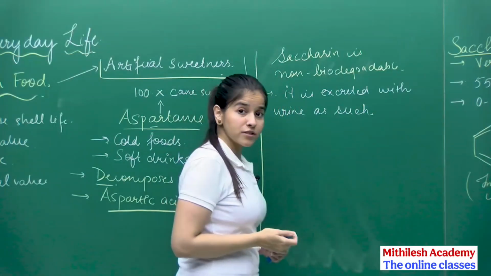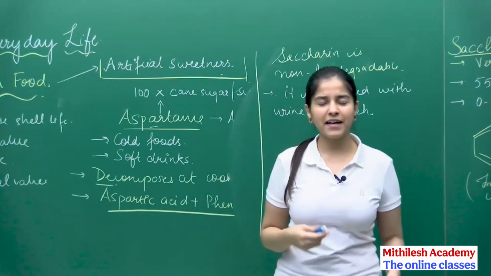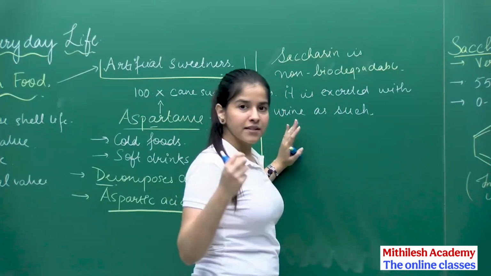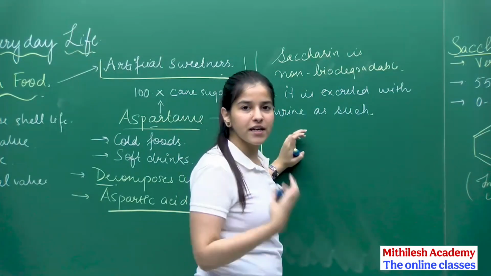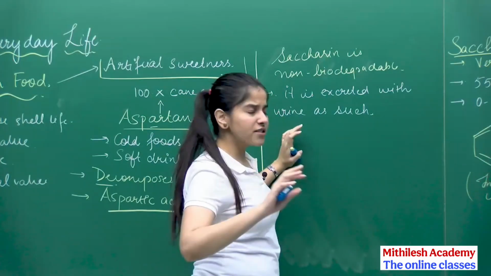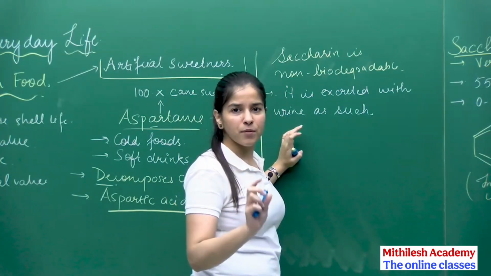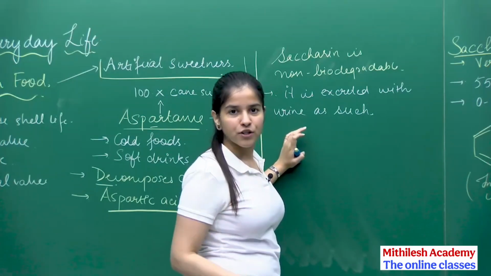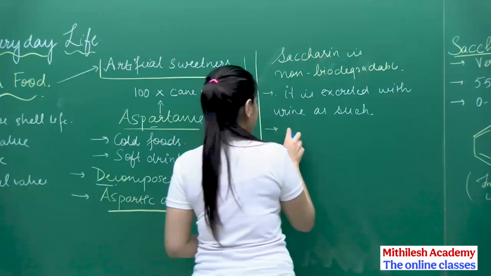It does not get deposited in the body, and we can say that is a positive point as well. It does not get deposited anywhere within our body. It just gets excreted out. It is just serving the purpose of developing a taste within our mouth. So that is the only purpose.